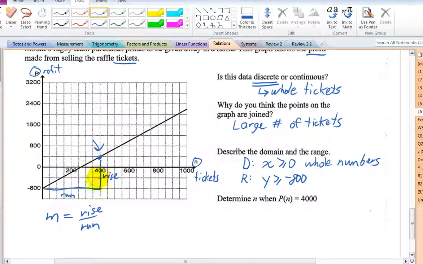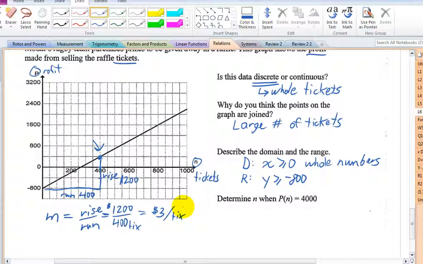For your rise, you go up 3 squares, which represents $1,200. For your run, you go all the way up to 400. So it's $1,200 over 400 tickets, which equals $3 per ticket.